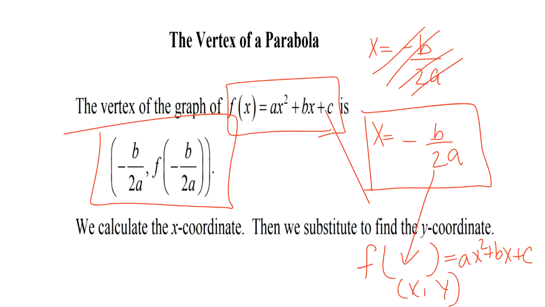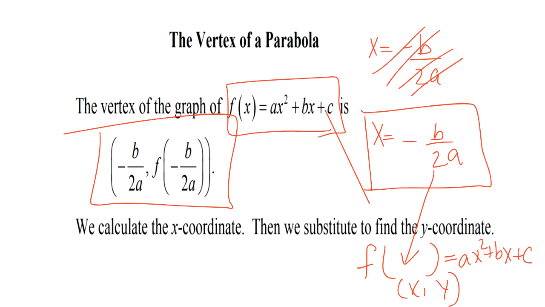So we calculate the x coordinate, and then we substitute that number back into the function to find y. So we have a little work to do and a formula to remember, but it's not that difficult because once we use the formula for x, we just plug that information back in to find y. Let's see that in action.